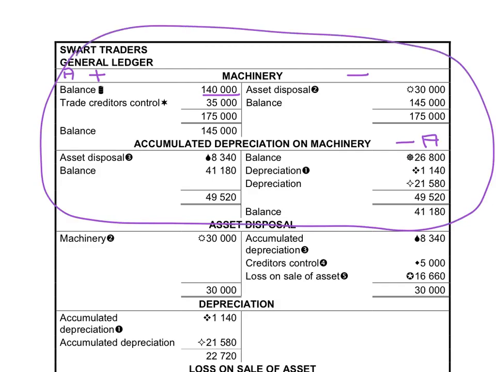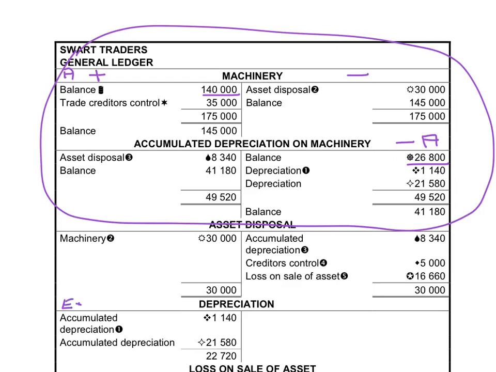The machinery is my debit side of the asset, and accumulated depreciation is the credit side of my asset account. And I will start this balance on the credit side to indicate that there is a negative asset of 26,800.